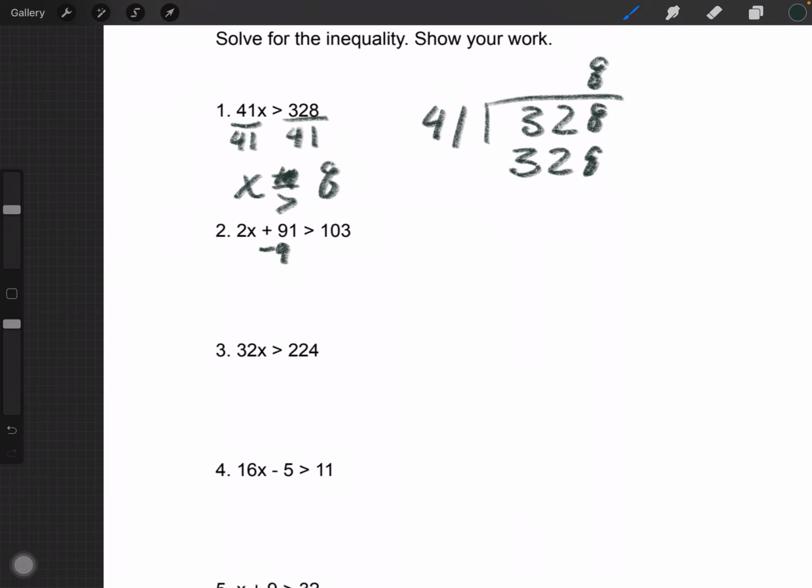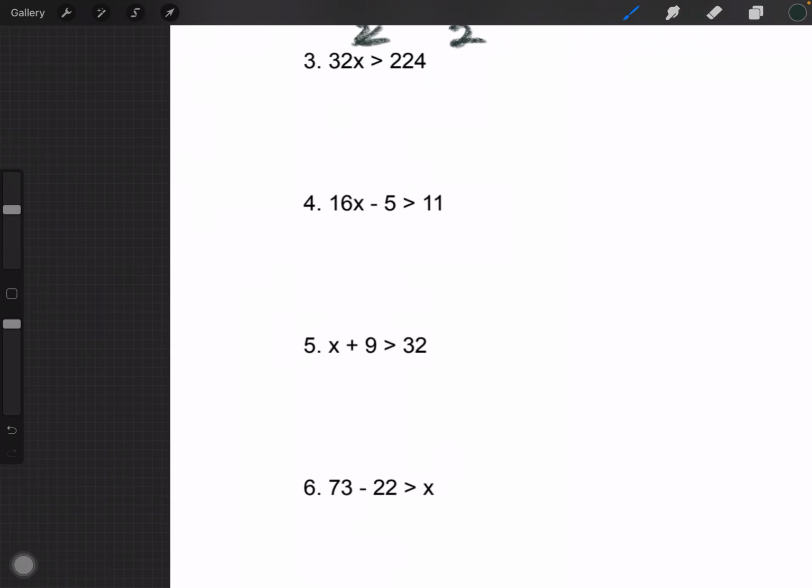Over here, you minus 91 from both sides. 2x is greater than, and you divide by 2 on both sides. Now we get x is greater than 12. I'll just walk you through the operations. You want to plus 5 and then divide by 16.